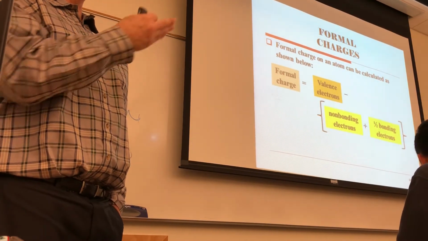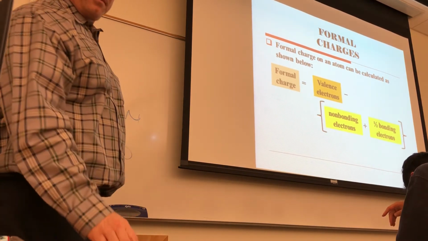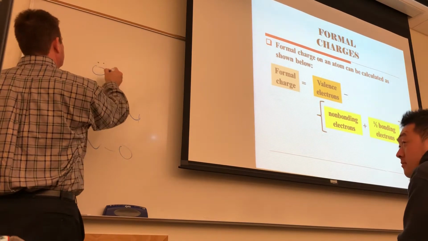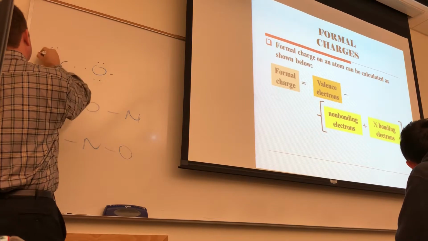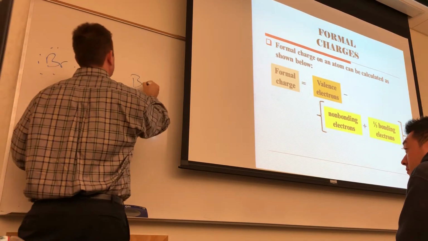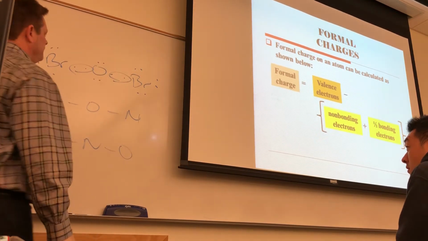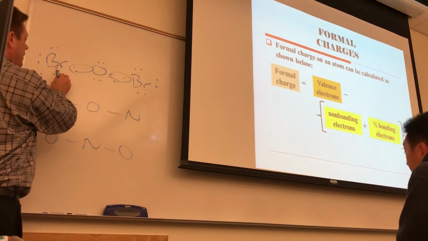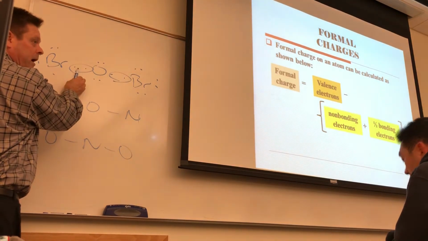Would I have some structure like this? Okay, so one bond. One bromine is forming how many bonds here? One bond.